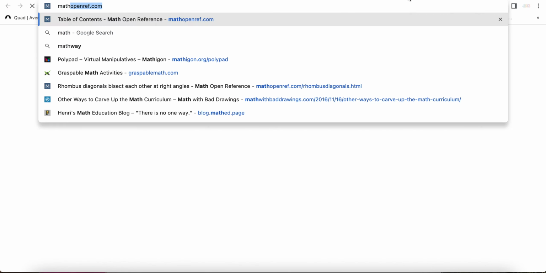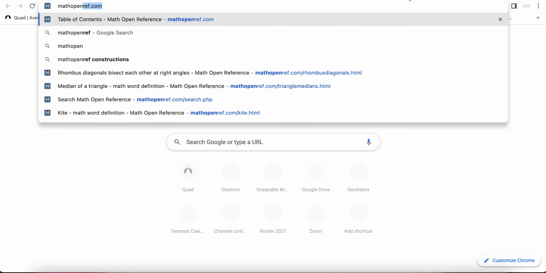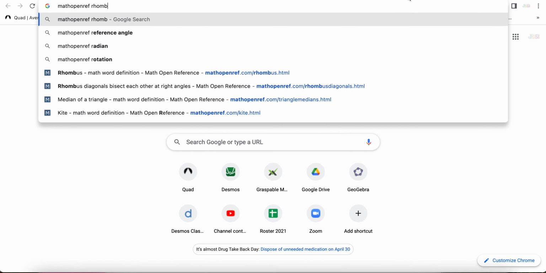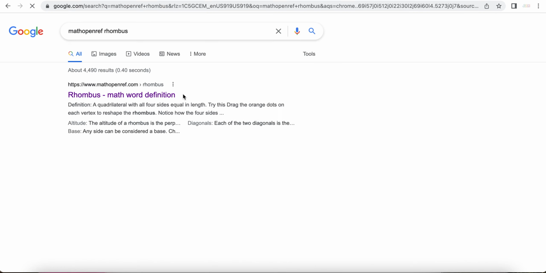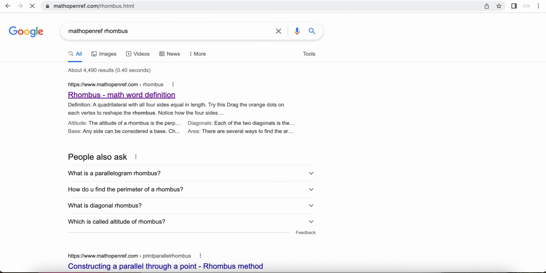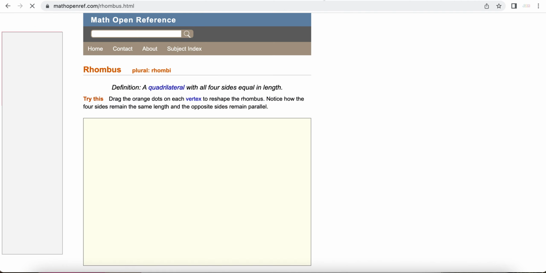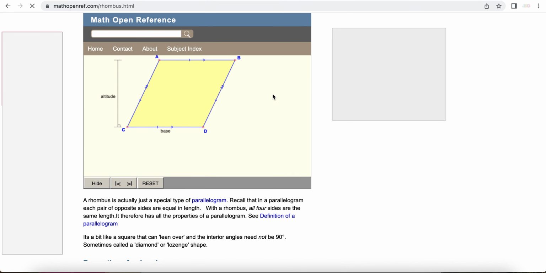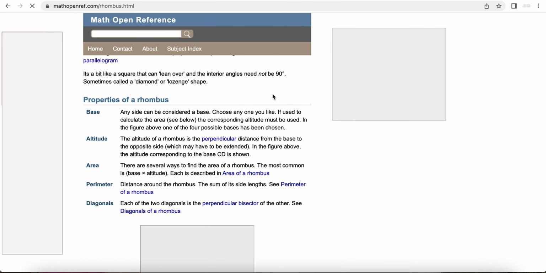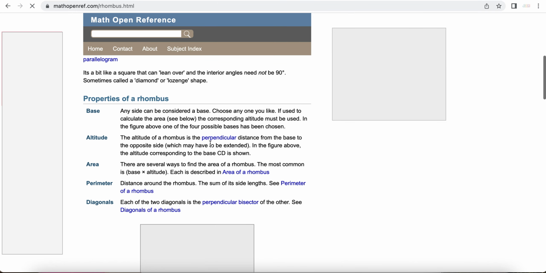So I'm going to go to Math Open Ref, one of my favorite sites, to give you some ideas to spark your creativity in proving that this is a rhombus. Rhombuses have some properties that maybe we can take advantage of here, particularly this one about its diagonals.